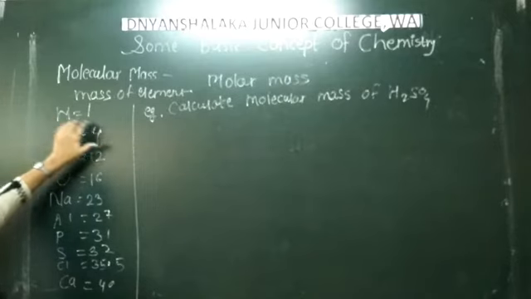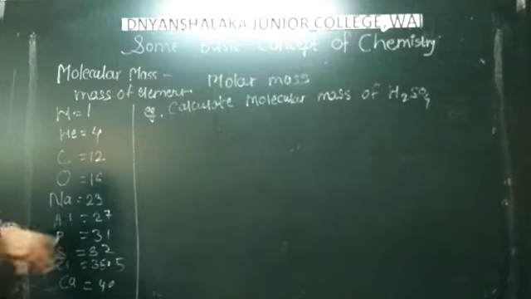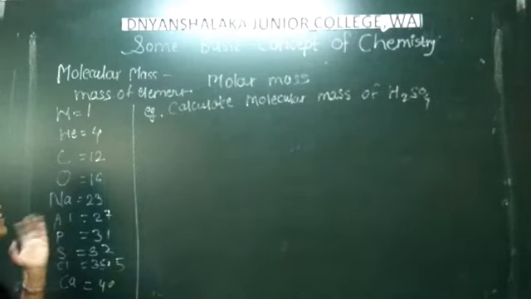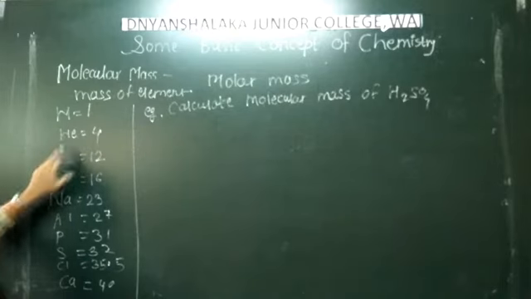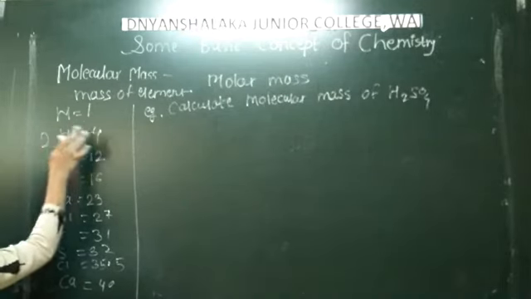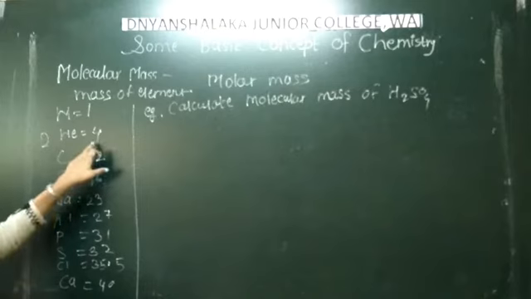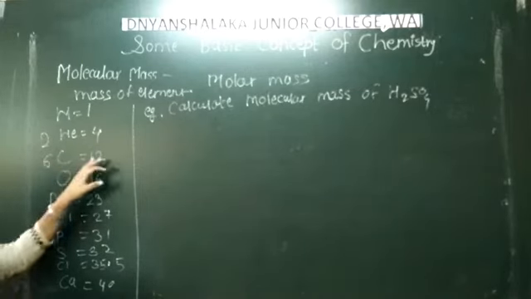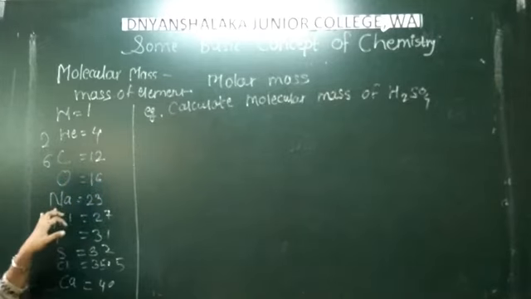Hydrogen atomic mass is 1 U, where U means unified mass; AMU means atomic mass unit, or also gram. Helium atomic number 2, atomic mass approximately double, 4. Carbon 6, atomic mass 12. Oxygen 16.